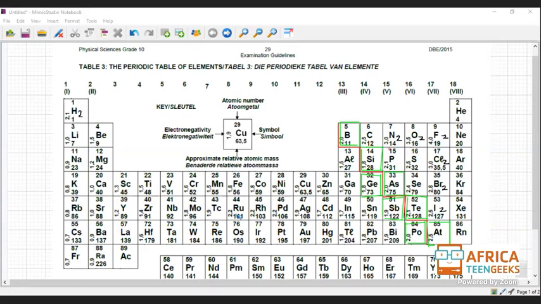Right, guys. And then we also spoke, do you guys remember? Group 1, when it bonds, makes +1 because it gives 1 electron. Most reactive element, I think francium here at the bottom, right?